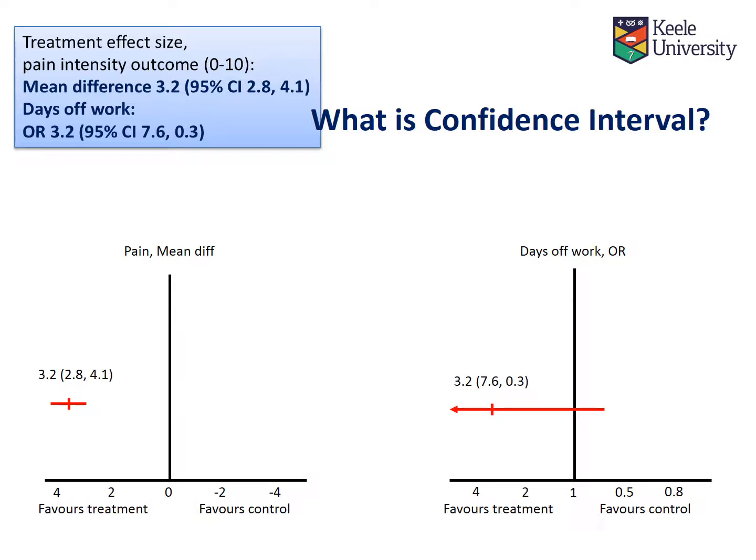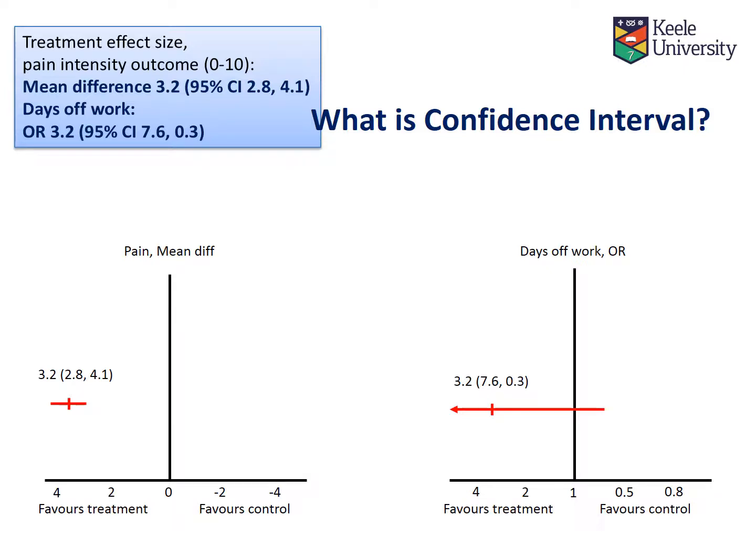The first is that it favors the treatment. It's all positive, nothing negative. Second, the horizontal line, the confidence interval, doesn't include 0, doesn't go across the vertical no difference line, meaning it's significant. And thirdly, it's quite narrow. The horizontal line is small, it's not going all over the place.